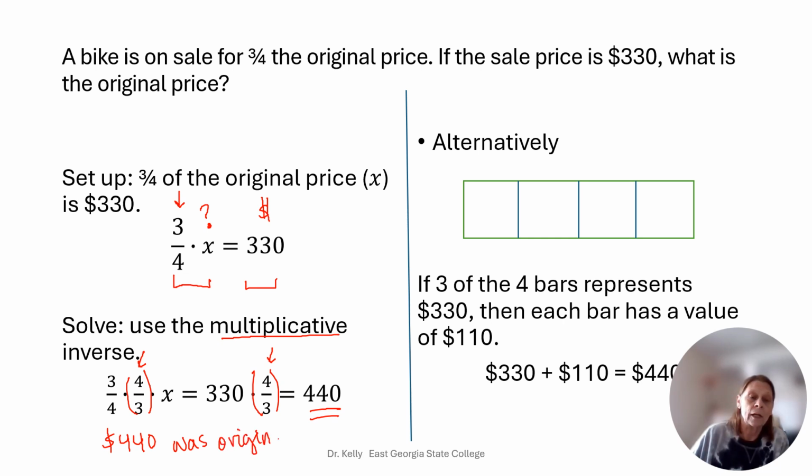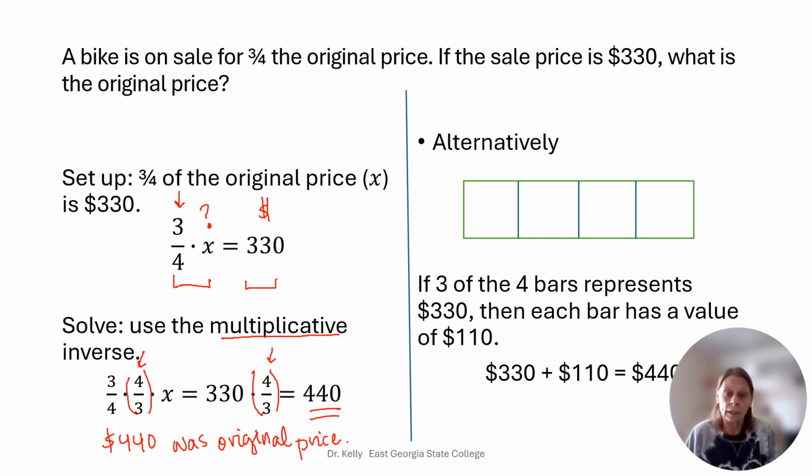Now that's a very algebraic way of thinking about it, and depending on what level classes you're teaching and depending on the level of comprehension from your students, you might need to have an alternative way of solving the problem, or your students might just see this alternative way.